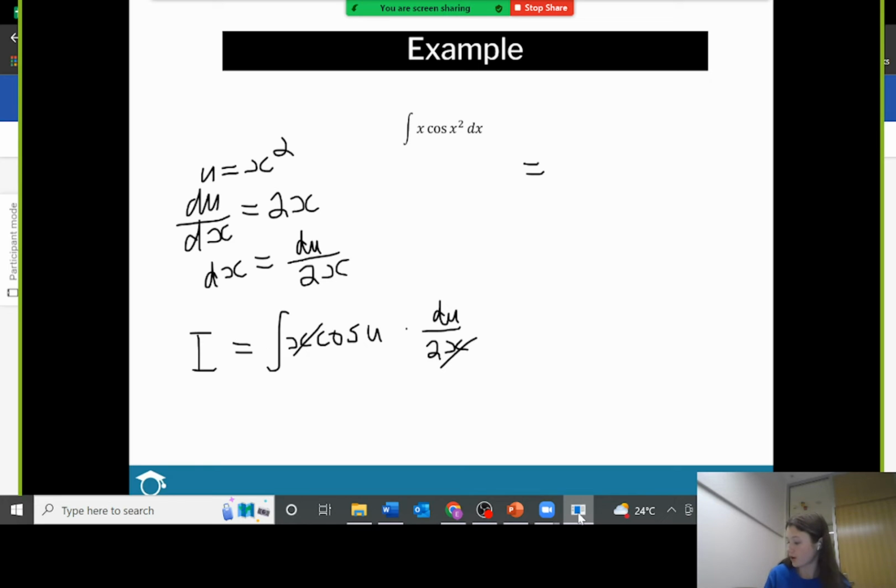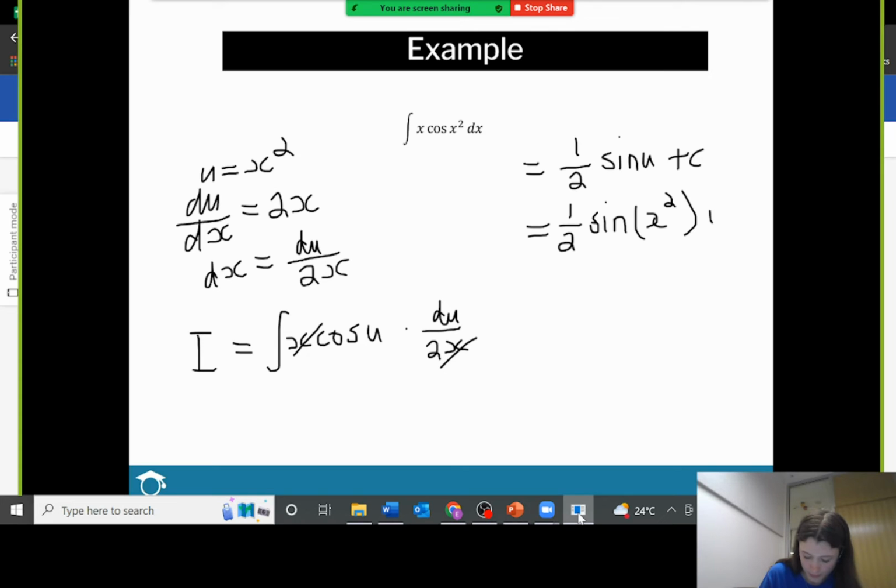The integral of cos is sine, so we're going to have half sine u plus c, and then our last step, remember, is to substitute u back in, so that gives us half sine of x squared plus c.